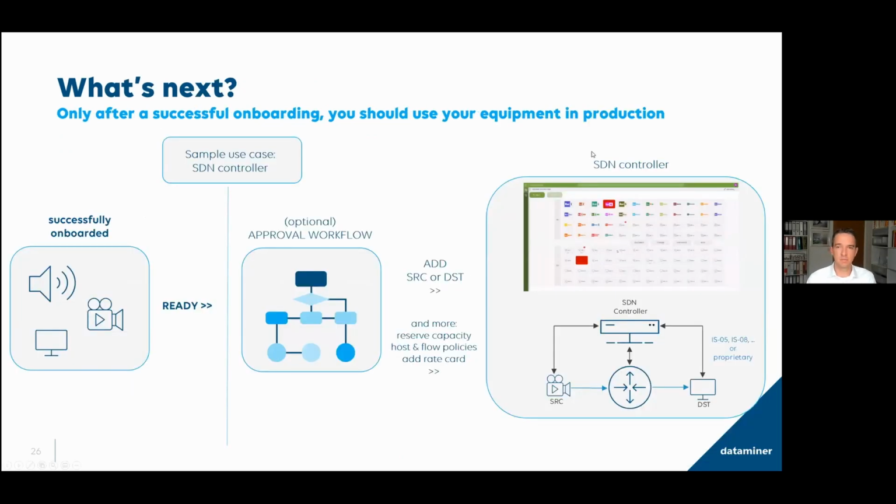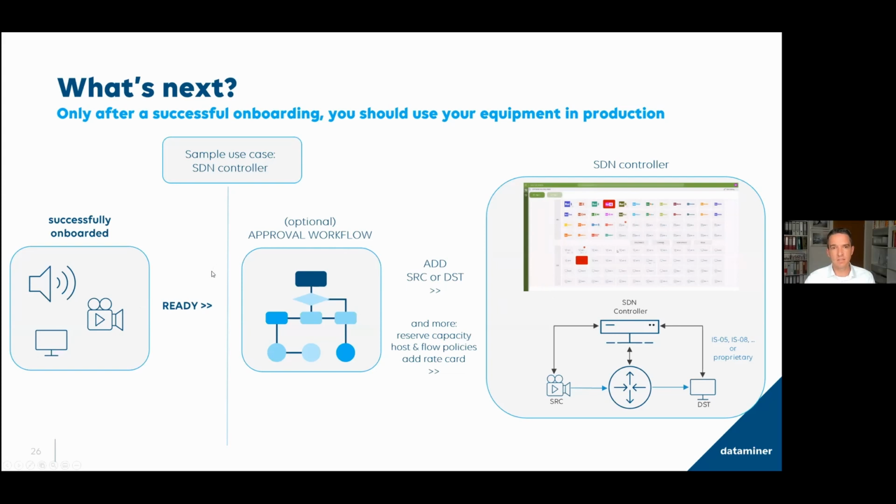And only then, and that's maybe the core message here, once you have successfully onboarded your equipment, and that's not done with discovery only, when your equipment is ready to use. Here's a simple example to follow the NMOS ecosystem when you want to do ISO 5: don't just use that new source and destination, your encapsulator, decapsulator, and add it to the SDN controller.